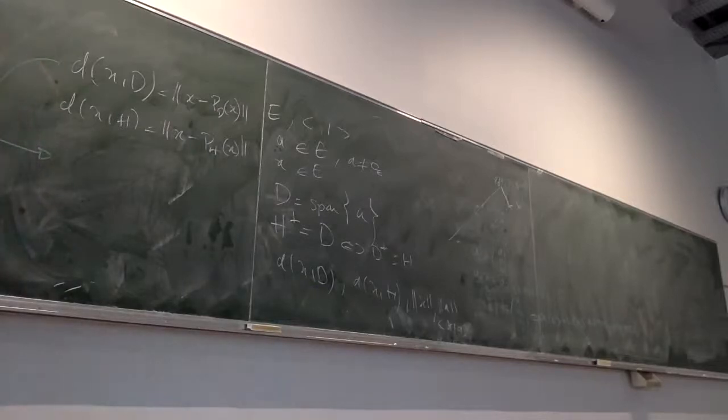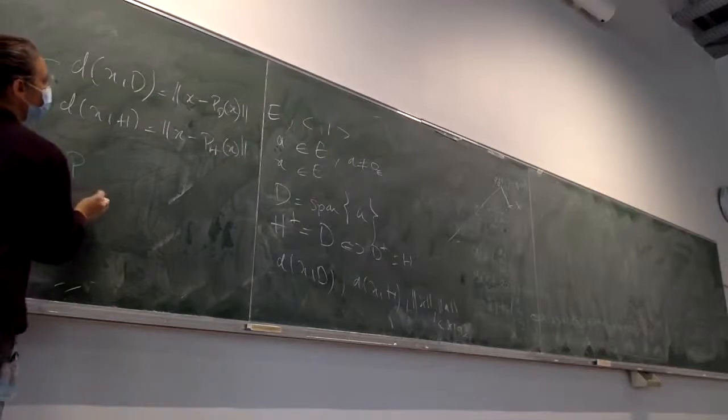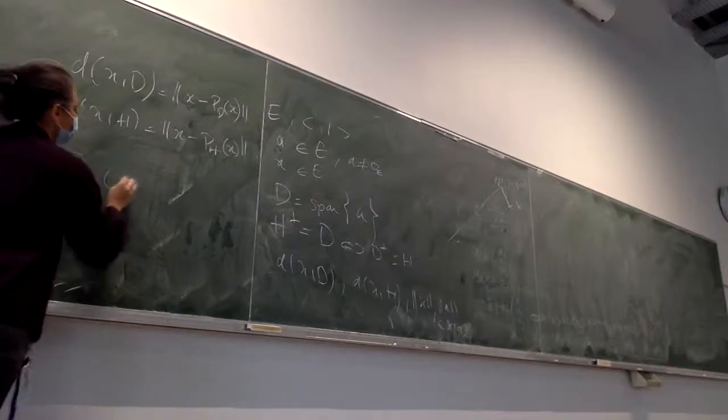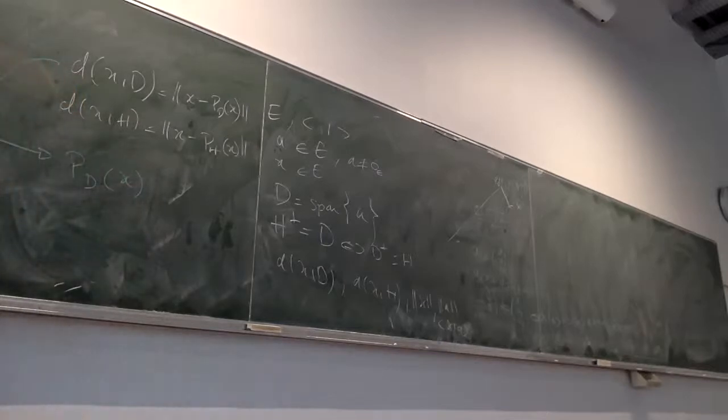Okay, let's take the first one. You've got x. How do you do this? Do the projection of x on d, the orthogonal projection of x on d. How do you compute that?